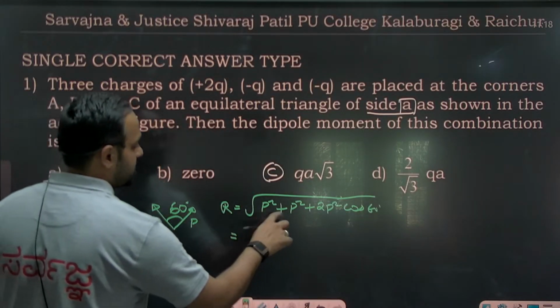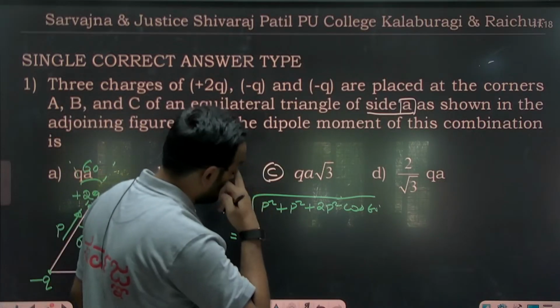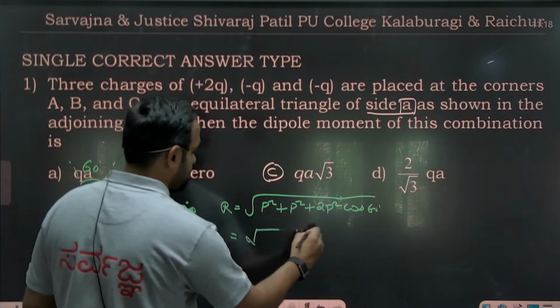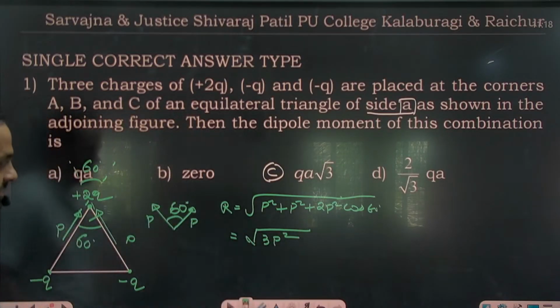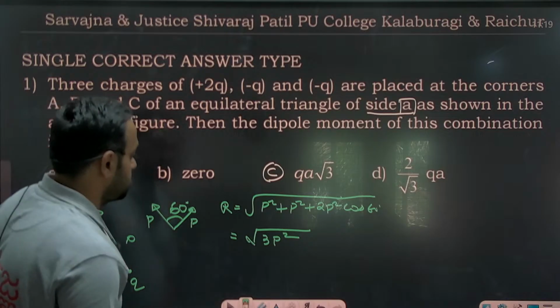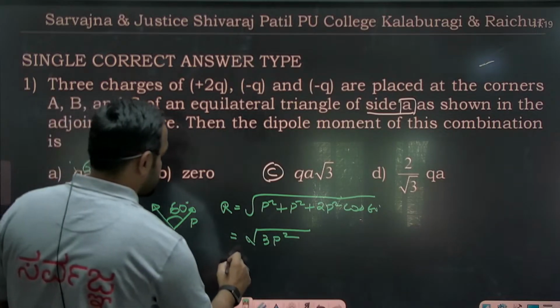So which will be what? P square plus p square plus, 3p square ಬರುತ್ತಾ? Okay, so this is coming out to be what?